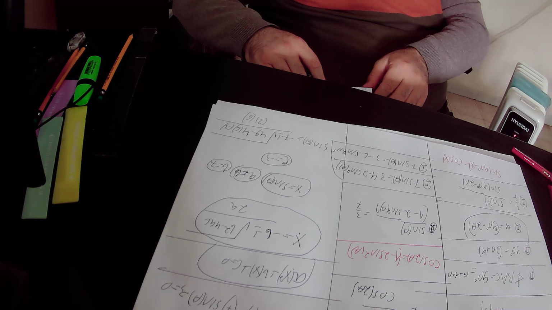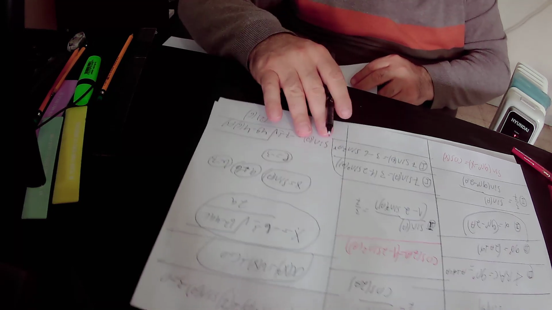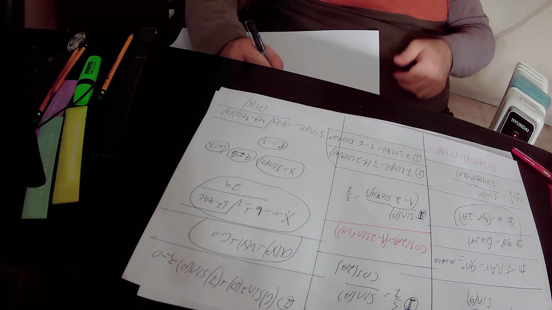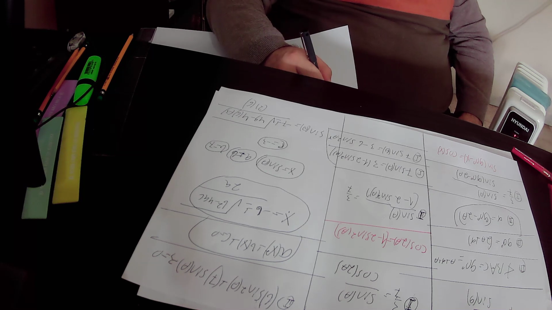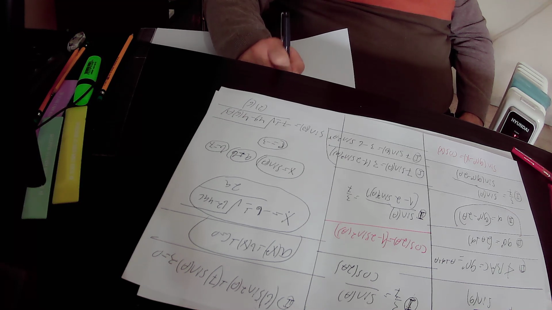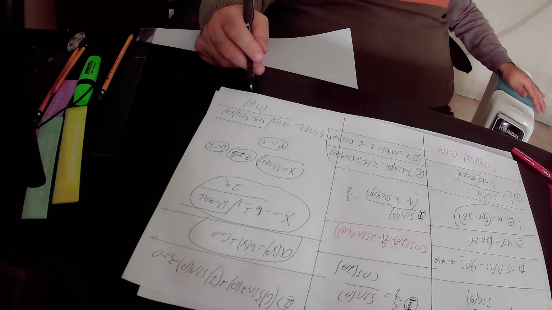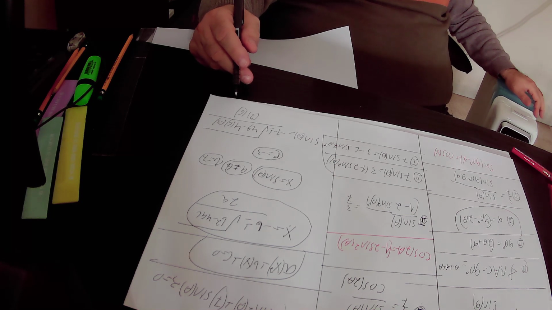So here we actually found out that sine theta equals minus 7 plus minus. Inside the root we have minus 4 times 6 is minus 24, and minus 24 times minus 3 is 72.